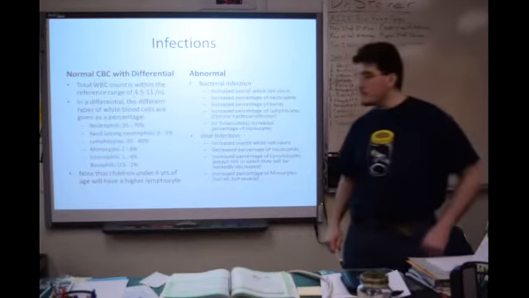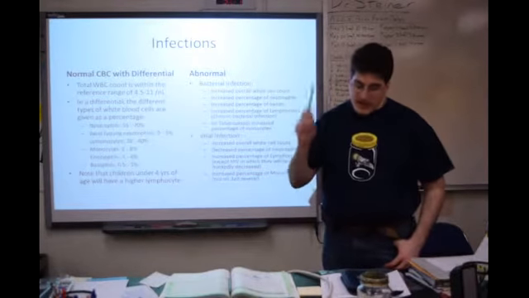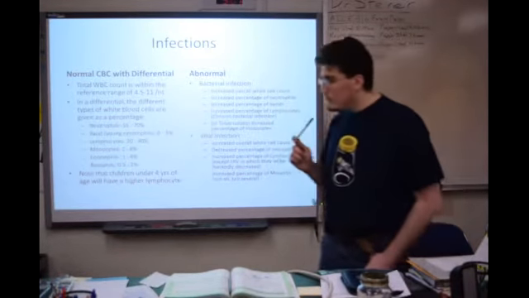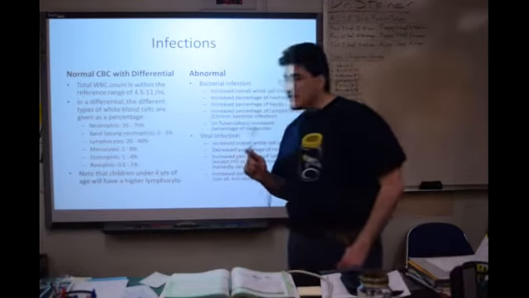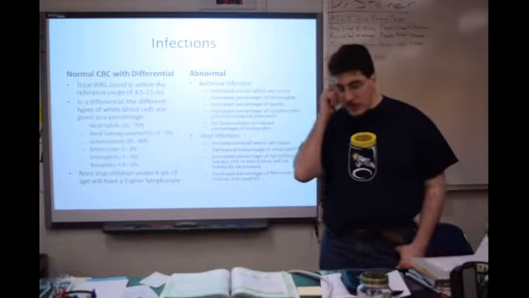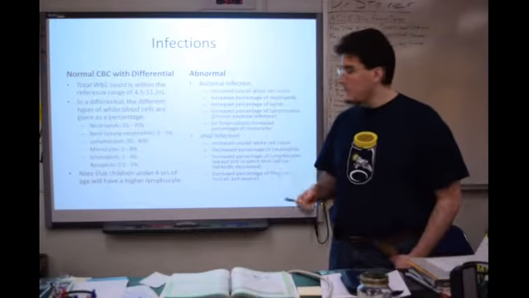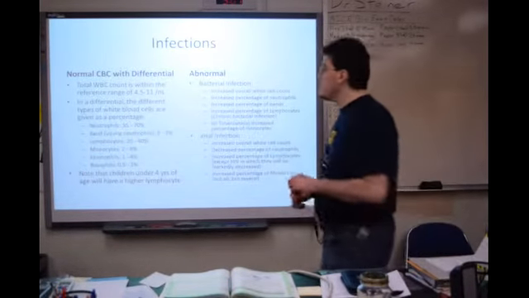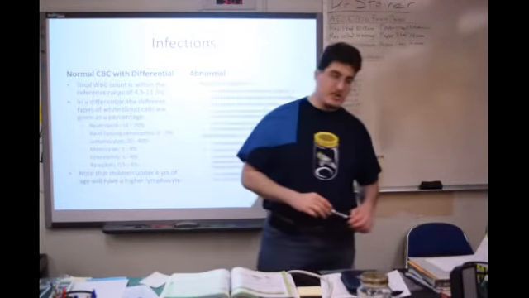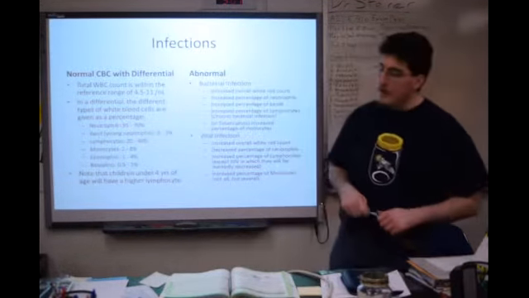You'll have an increased percentage of lymphocytes because lymphocytes, especially T cells, are active in the immune response to viruses, especially because your monocytes differentiate into dendritic cells and macrophages.